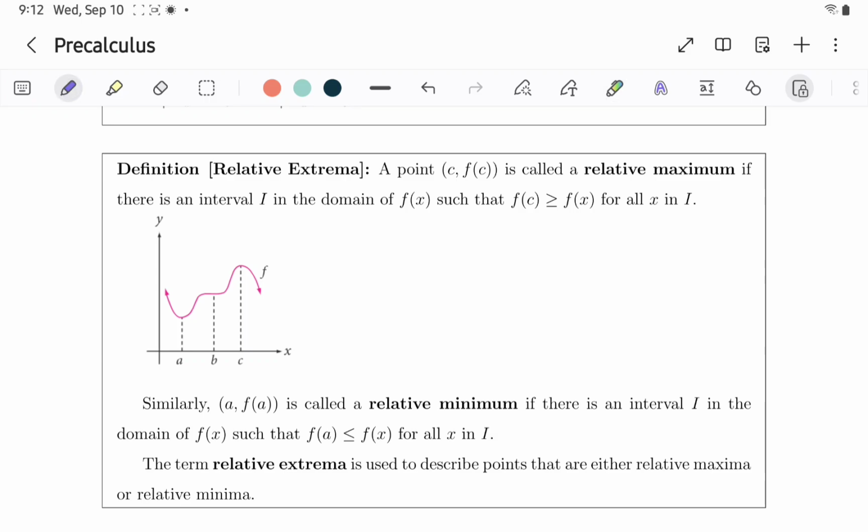And so as we can see from our figure here, here is the point c, f of c. And here is the point a, f of a.